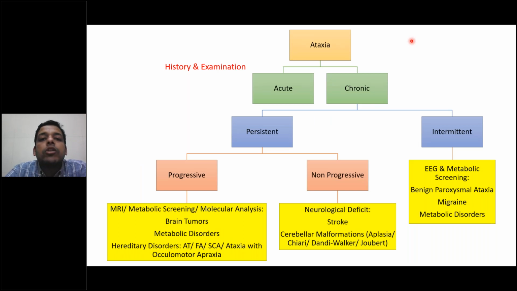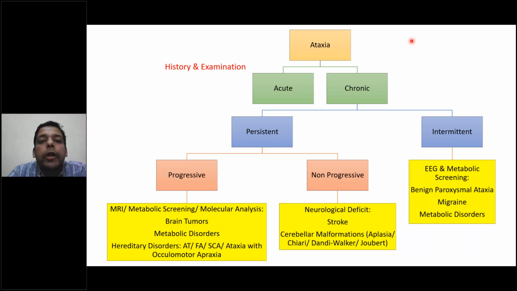Now, on the basis of our history and examination, if we find that the ataxia is chronic, then we need to know whether it is persistent or intermittent. Intermittent would mean that there are repeated episodes of ataxia, and in between the episodes the patient may be completely normal or not have ataxia.